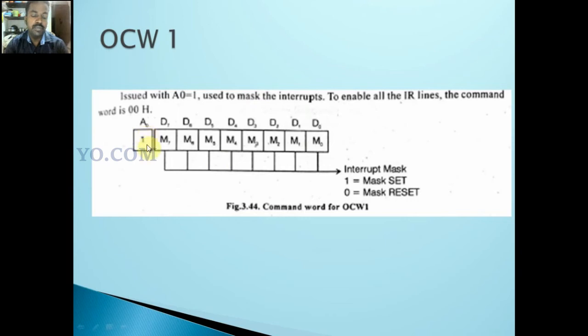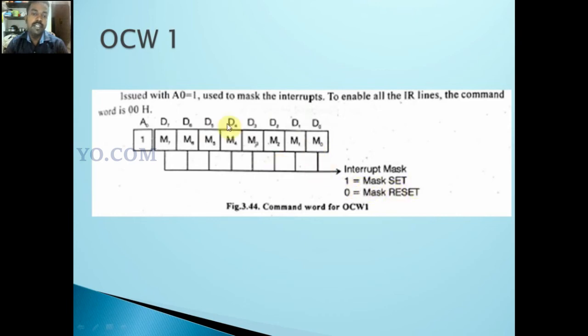Then D3 D4 is 00, so it is interpreted as OCW2. Here we have three bits: rotate, select level, and end of interrupt.